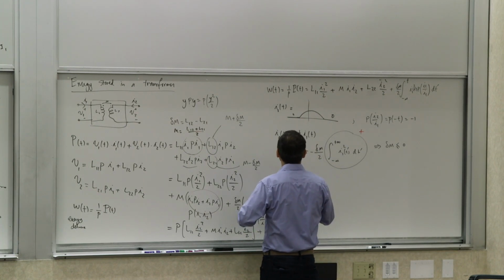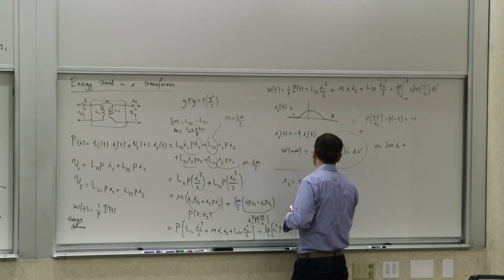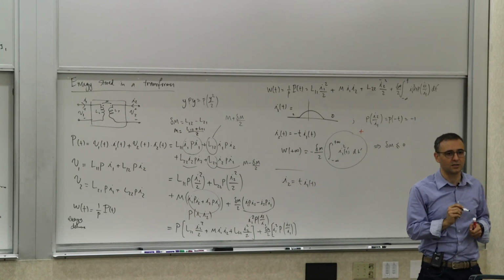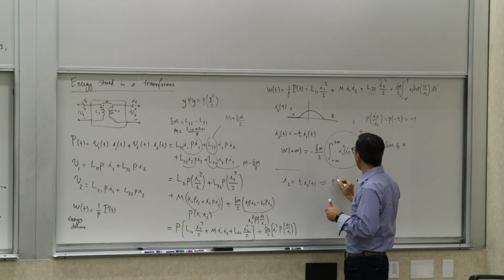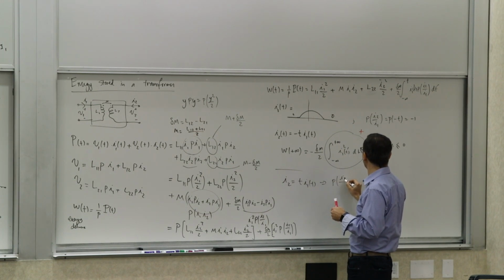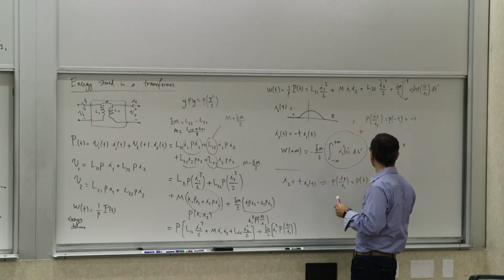So now I'll repeat this process with just one modification. Everything is the same. Now this time I2 is t I1 of t instead of negative t I1 of t. So what would change? Again, the first three terms remain 0. P of I2 over I1, which is now P of t, becomes plus 1.